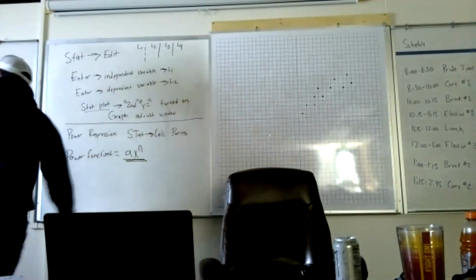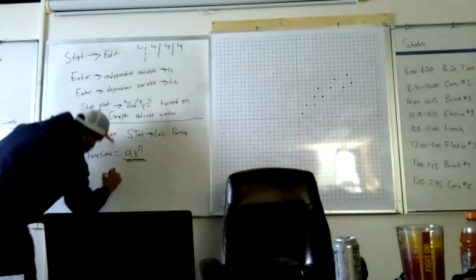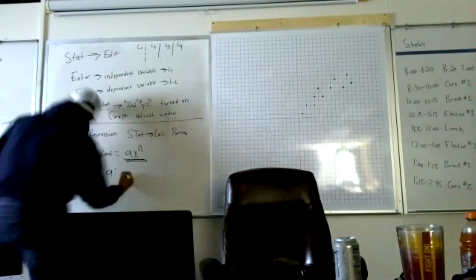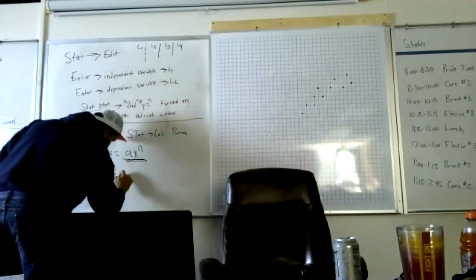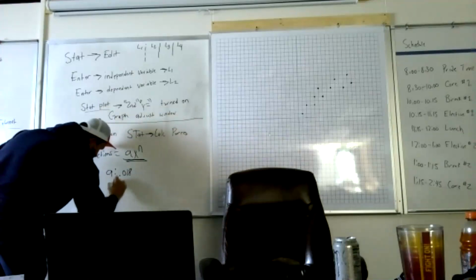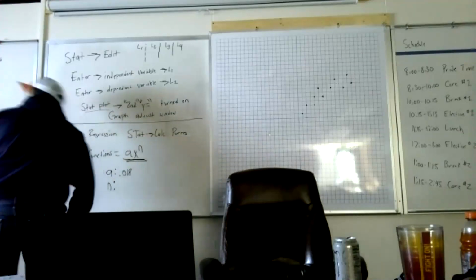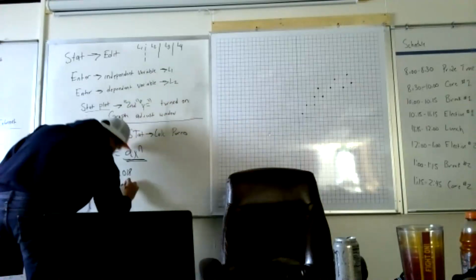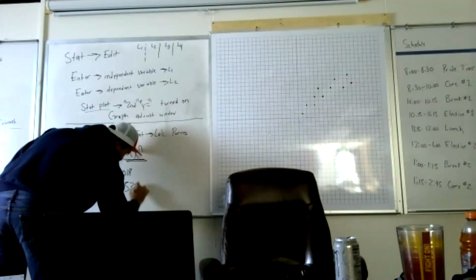The way the graphing calculator gives you that is it's going to say a. And then it's going to give you, in this situation, 0.018. And it's going to give you n. And in this situation, it's going to be 1.538. Okay?